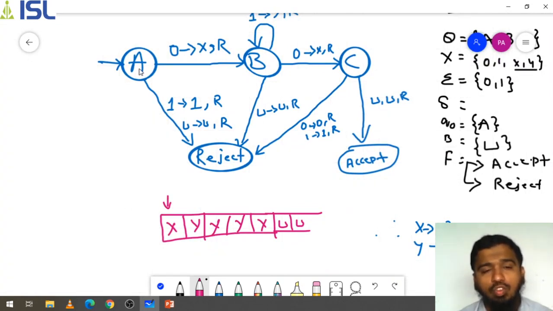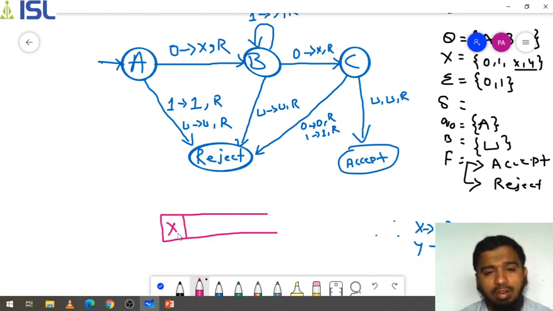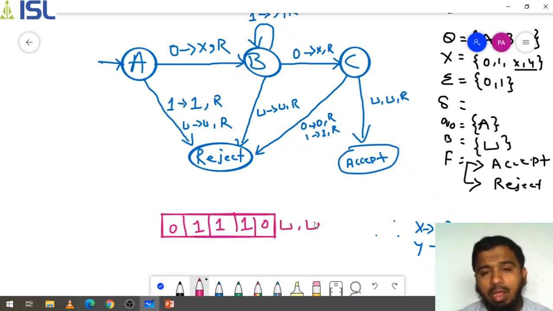So here, if it is going from A to B, if it is 0, then change to x. So here I am writing x, y, y, y, x. Here we need to write the input symbols 0, then you can easily understand: 0, 1, 1, 1, 0, blank, blank and so on.